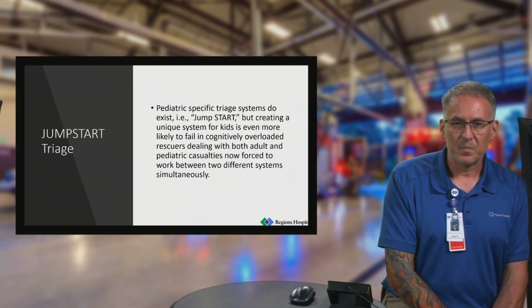On the same note, one of the other big differences about JumpSTART is respiratory rate. So again, knowing that pediatric patients have very different respiratory and metabolic needs from an adult, JumpSTART says if the respirations are less than 15 or over 45, that's considered a red patient. So now you can see where we're starting to get some layers of possible complication in here.